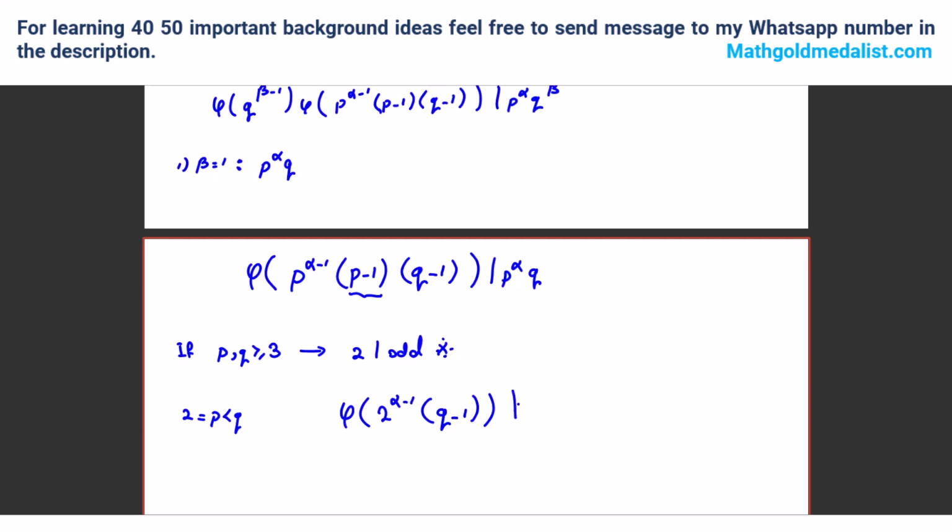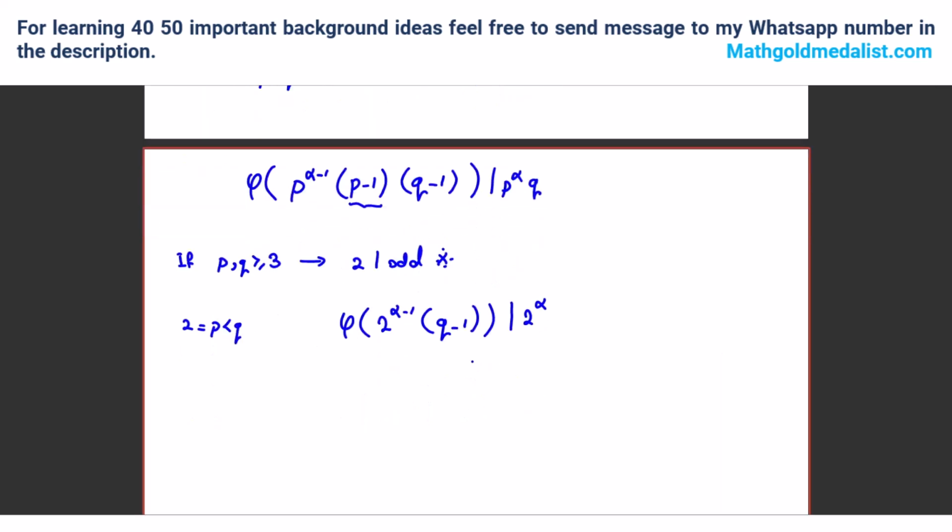2 to the alpha q. Yes, and because we know that q is not important, because here it's 2 times something, and then phi of that again won't be q, right? Right. Okay, so we can say q minus 1, suppose, is 2 to the, for example, j times s, where s is odd, right?